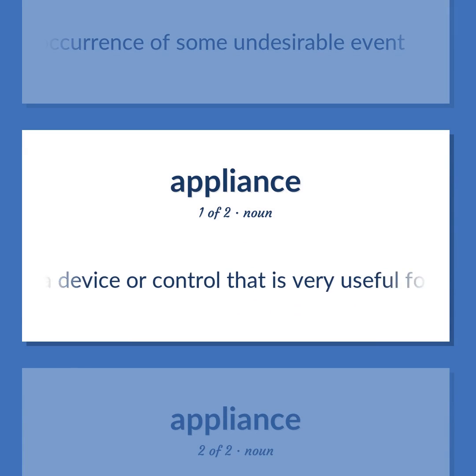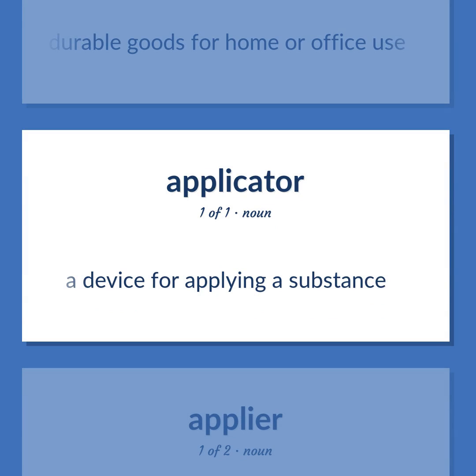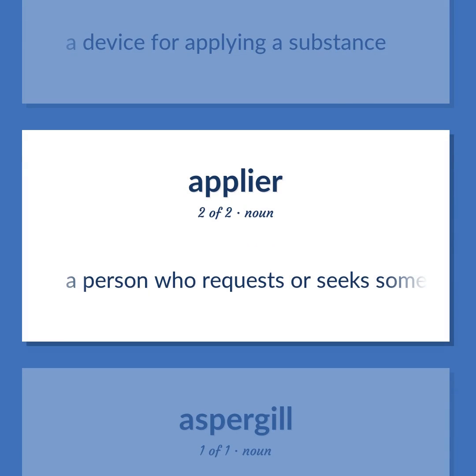A device or control that is very useful for a particular job. Durable goods for home or office use. A device for applying a substance. A person who requests or seeks something such as assistance or employment or admission.